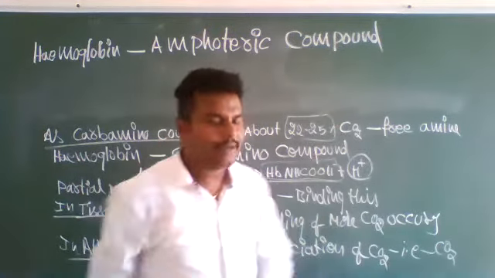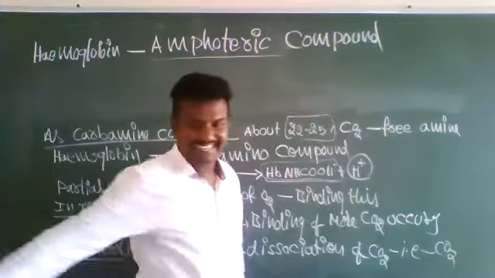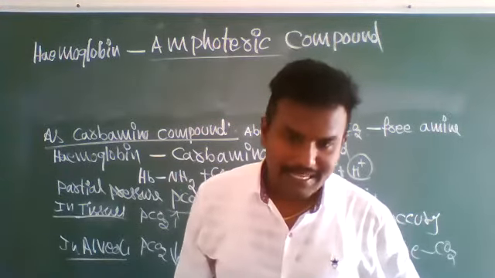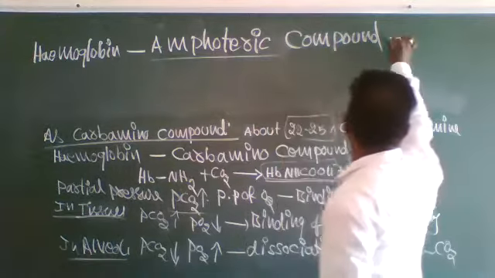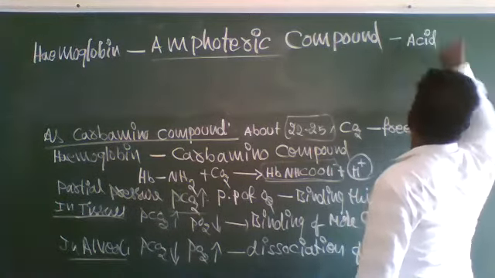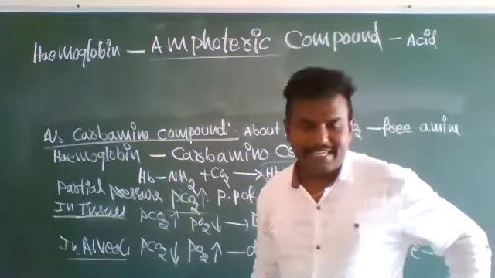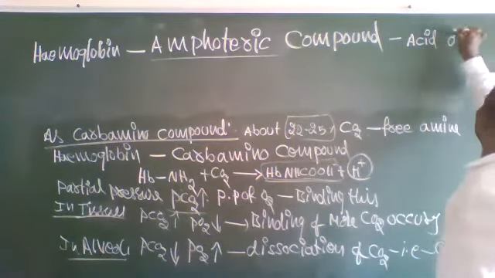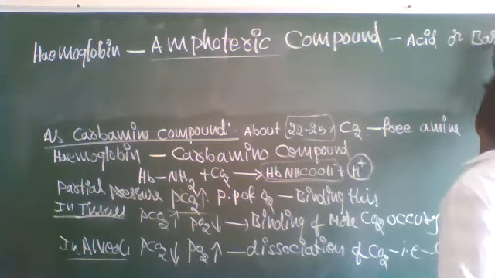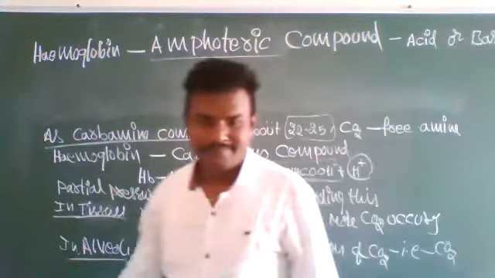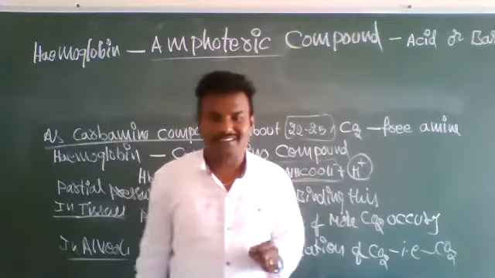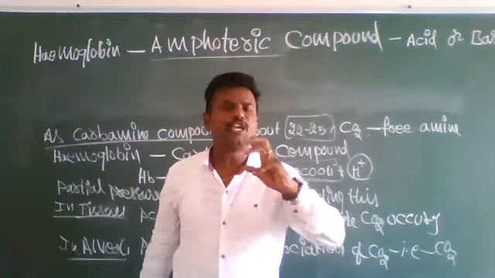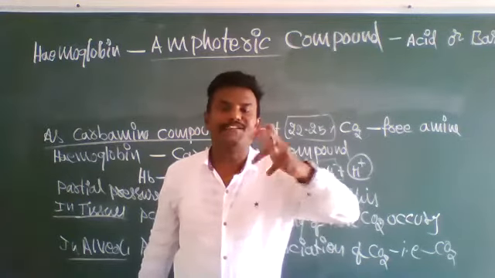Amphoteric compound, remember? Reacting chemically as either an acid or a base. According to the situation, it has a peculiar character. Hemoglobin has a peculiar, different character.